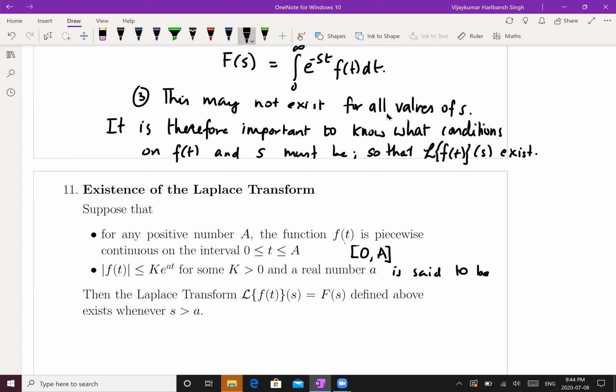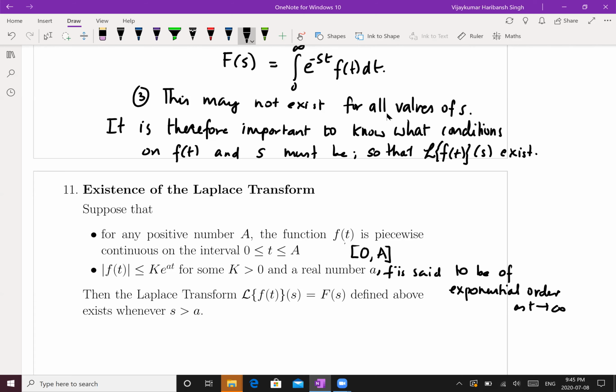So f is said to be of exponential order as t goes to infinity. Yeah, it should not exceed the exponential.